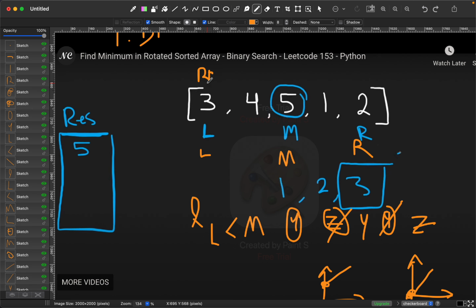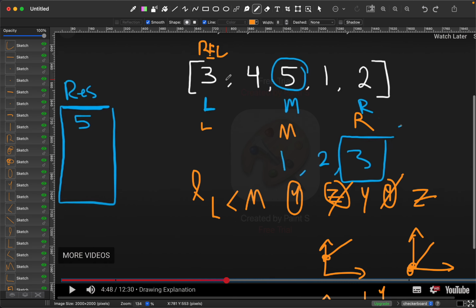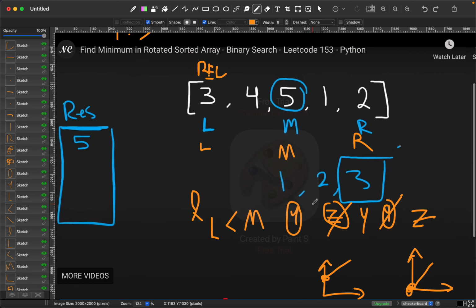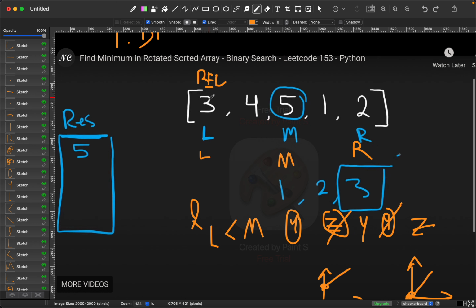In the Y graph it is at the L place. Then I'm done with my job over here, so I cross it out. I recorded this value, I put it inside the result, and come over to here.